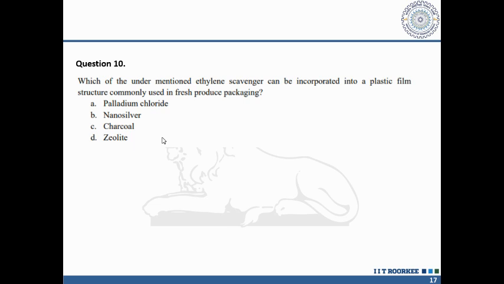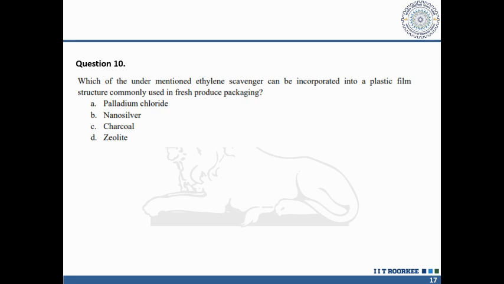You can only answer if you are from a packaging or food science background, so try to answer it. Whether it is right or wrong doesn't matter. Which of these four materials can be used in plastic packaging film as an ethylene scavenger?